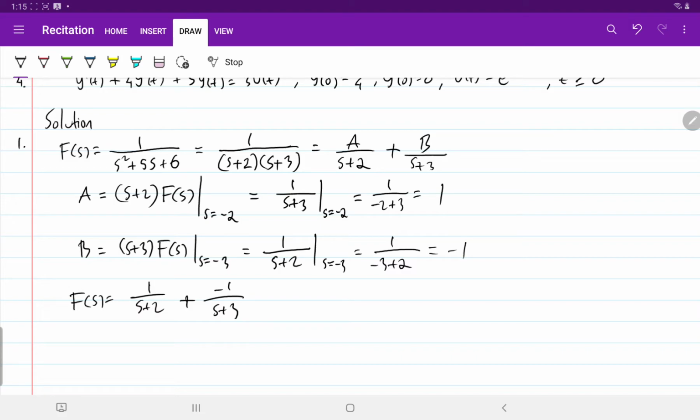From here you can just use the Laplace inverse table.